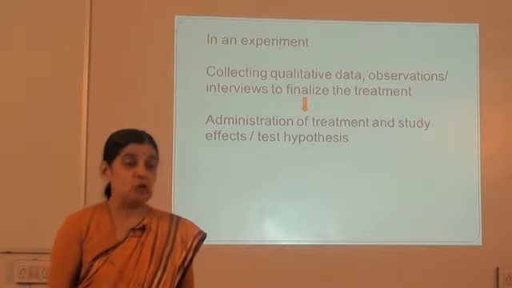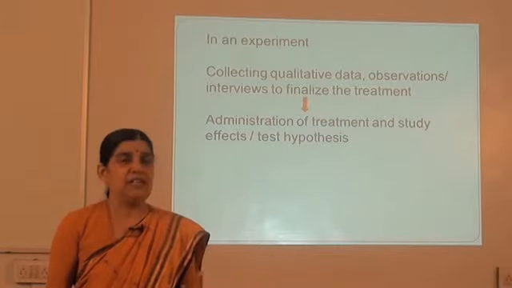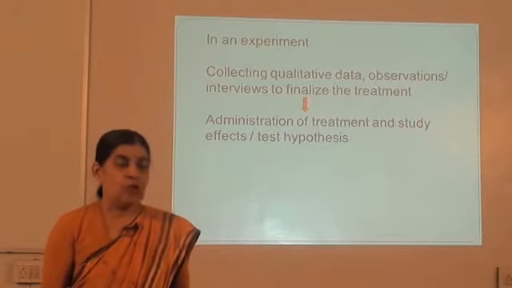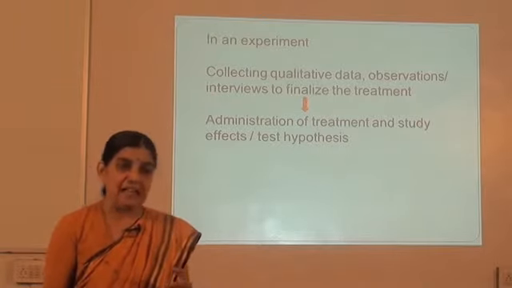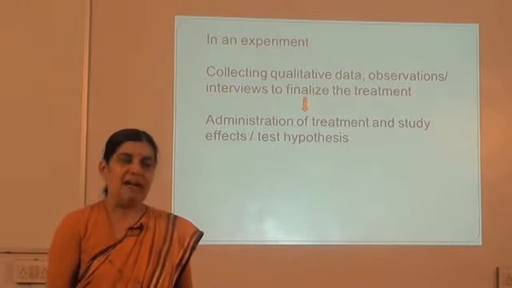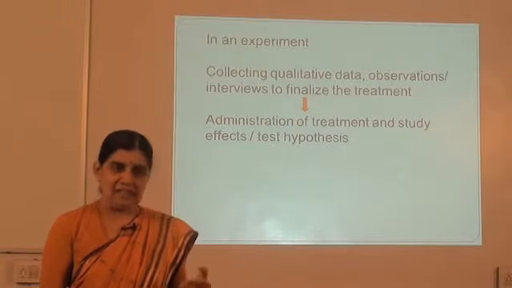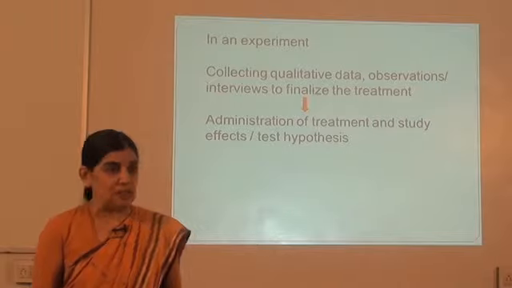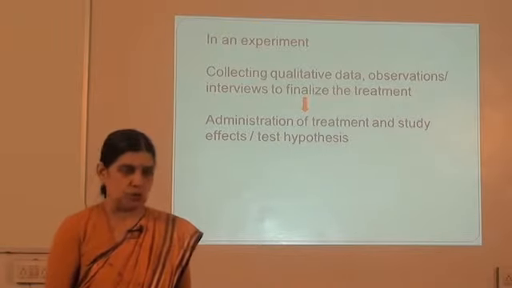She will also interview different persons about what they want in this program. So this qualitative aspect she will cover first, and then she will finalize the treatment, and then administer the treatment and study the effect. And the second part is quantitative, and that's why she will test hypothesis also.